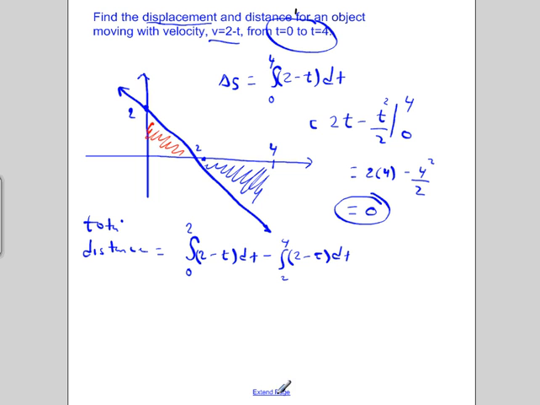And here's where we can be clever. Since we know these areas are the same, all we need to evaluate is one of them and then double it. So let's go 2 times the integral from 0 to 2 of 2 minus t dt.